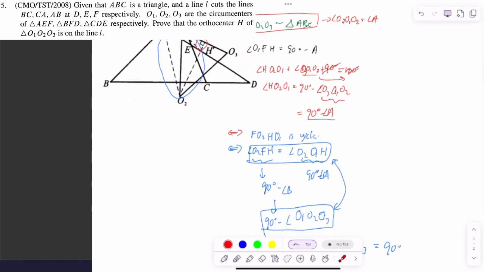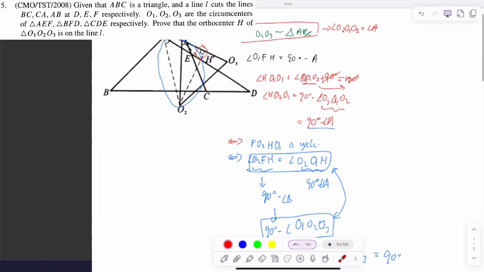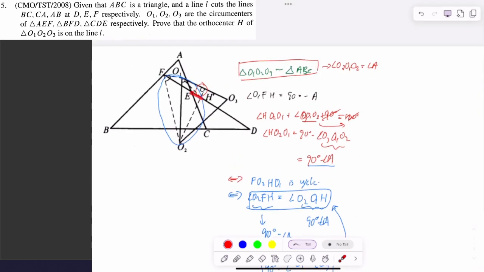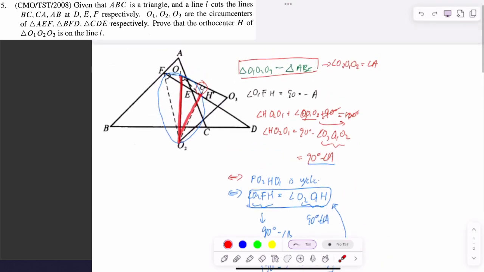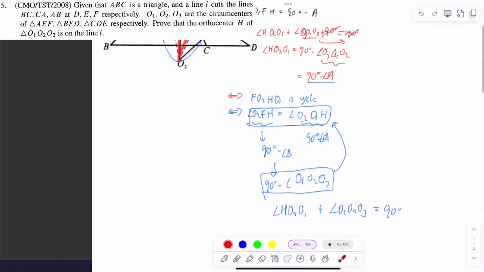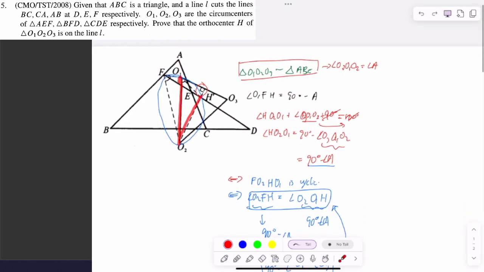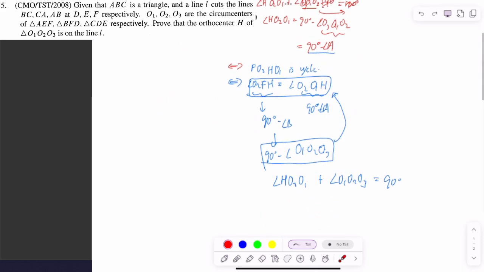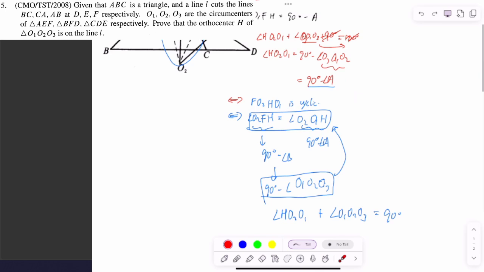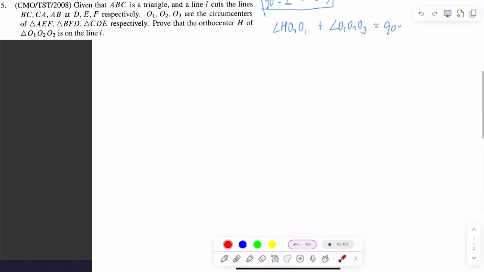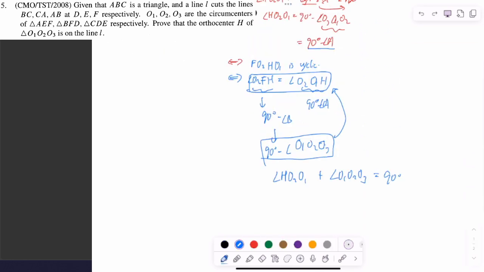You know what that means? Angle HO2O1 plus angle O1O2O3, right? Wait, I think I messed it up. Careless mistake.